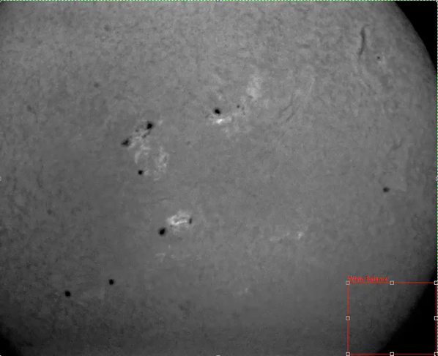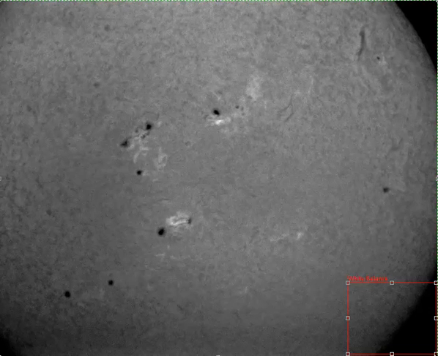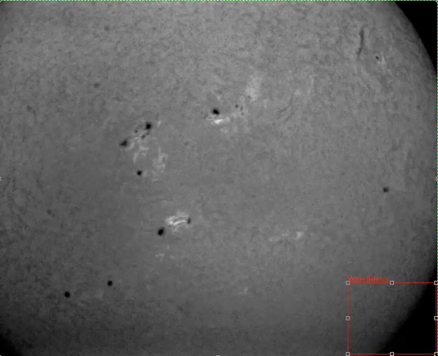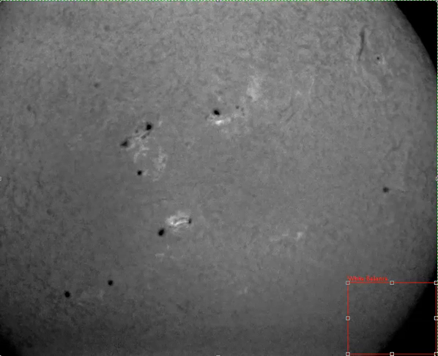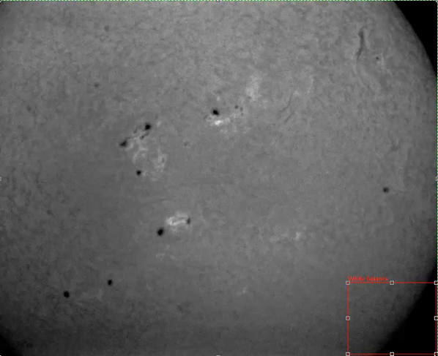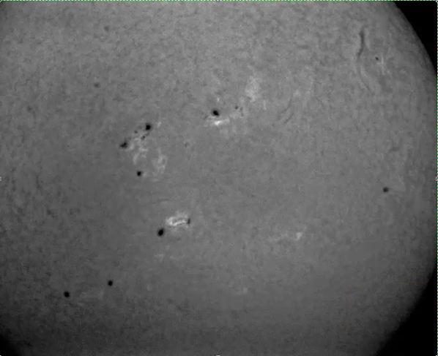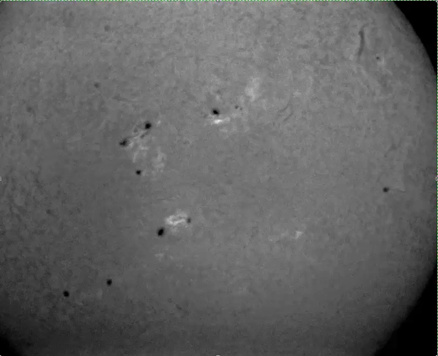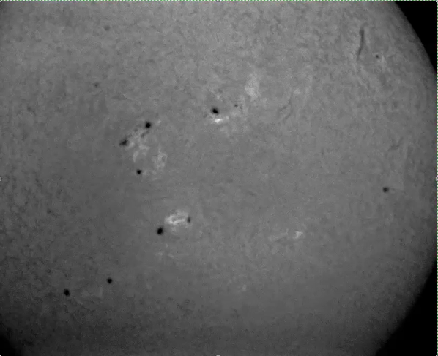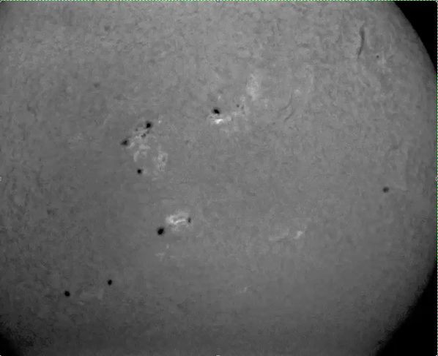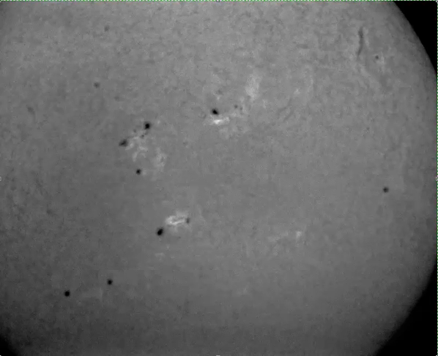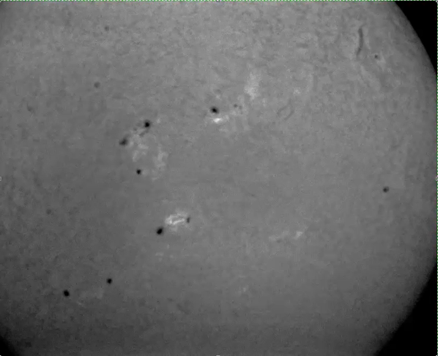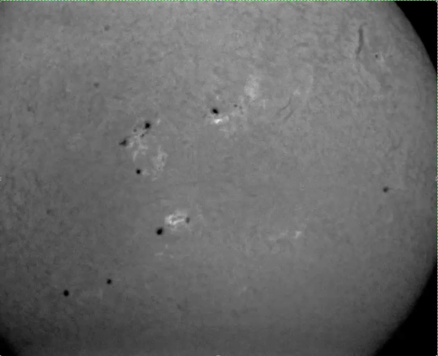Playing with temperature and tint and seeing how it affects the grayscale. It's not looking bad.